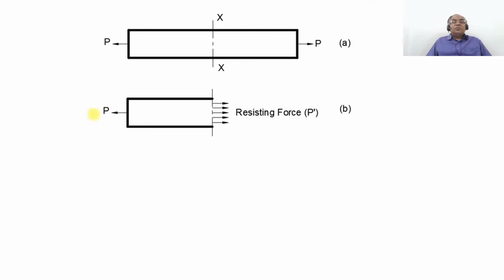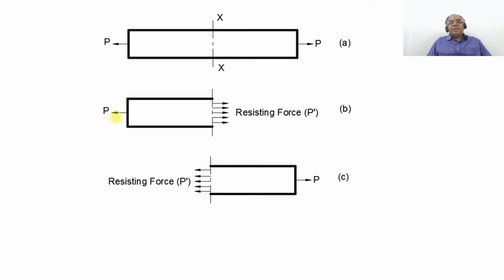So member 1 will be in equilibrium when the resisting force P dash has a magnitude equal to the applied load, which is applied from the right towards the left. Now the body is in equilibrium such that the resisting force P dash equals P.